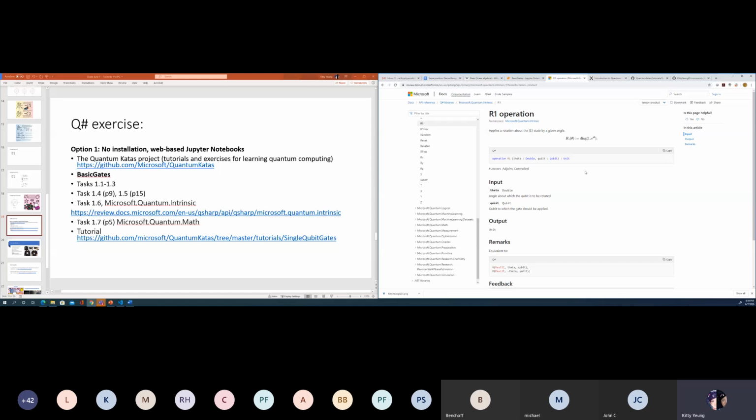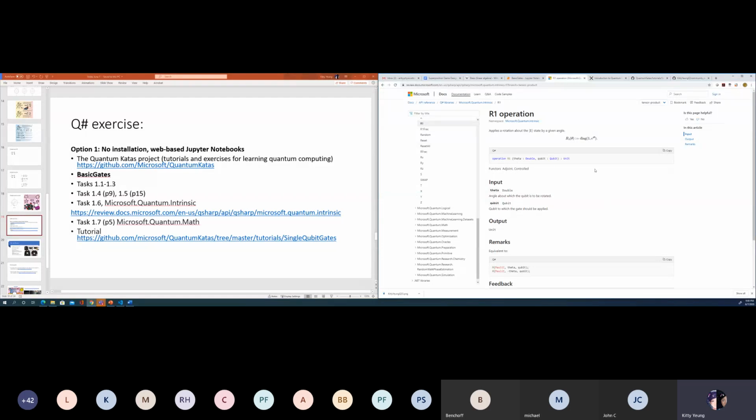I think the website currently might still be down. Some of the equations are not rendering properly. That's a known issue that we have already reported. If you go to Microsoft.Quantum.Intrinsic, you may not see what I'm seeing right now. I'm actually on a different branch. I don't know if you can go to that branch to see this rendering, but we're trying to get this fixed. So bear with us for a bit. Hopefully it gets fixed soon.